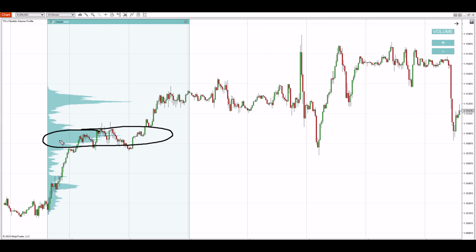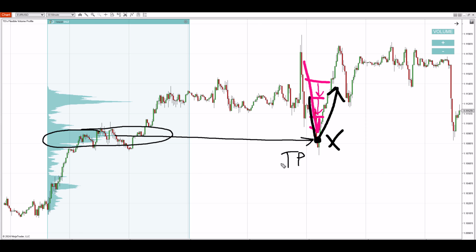So we have a heavy volume zone here, and this could be the take profit. So instead of waiting for the market to kick you out, you trade your stop loss by securing your position more and more. But when the price reaches this place, you quit the trade. You don't wait for the market to turn and kick you out.